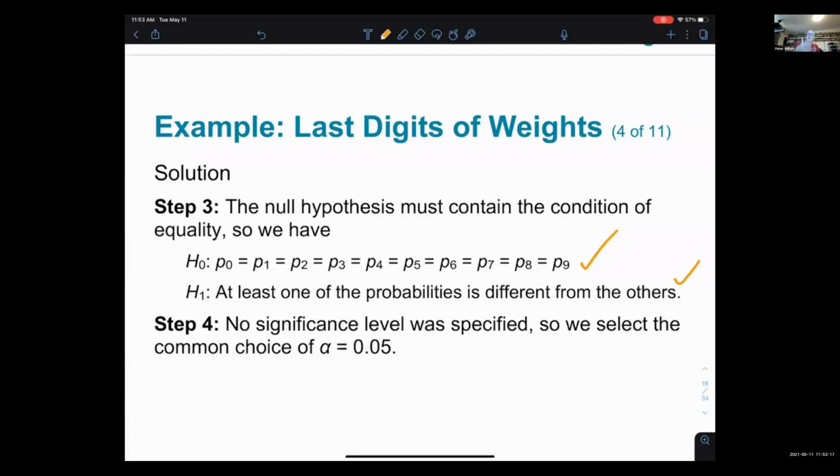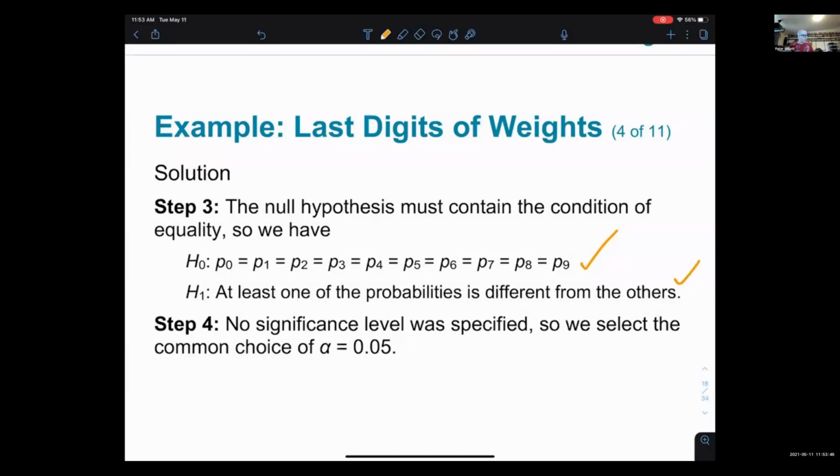But if it was testing against a particular distribution like normal or something else, or my expected 75% non-convertible, 25% convertible, then I could list the p-values and say that each one should be equal to what I'm thinking. P sub 0 or P sub 1 for my convertible category is 25%. P sub 2 for my second category is 75%.